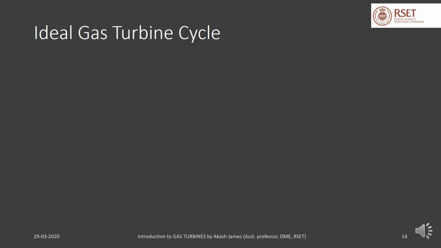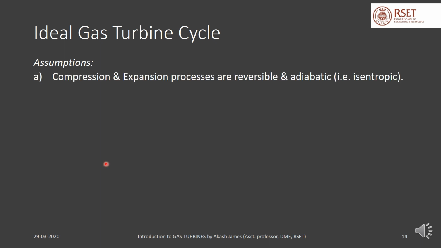The following are the assumptions made in an ideal gas turbine cycle. First of all, the compression process and the expansion process are assumed to be reversible and adiabatic. We assume that there is no irreversibility due to friction. This may not be the case for an actual process. We also assume that there is no heat transfer to or from the system.